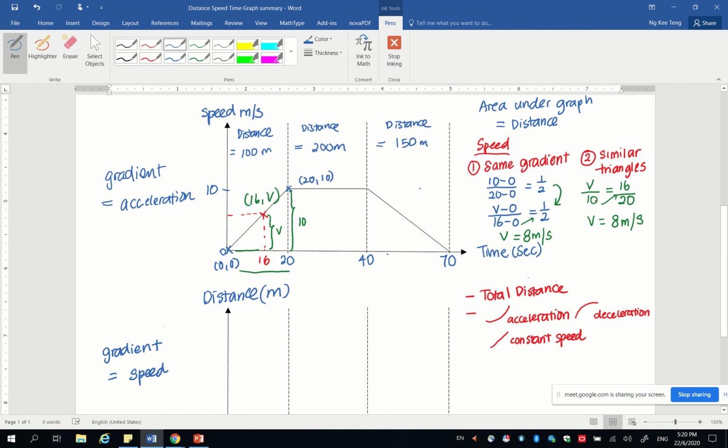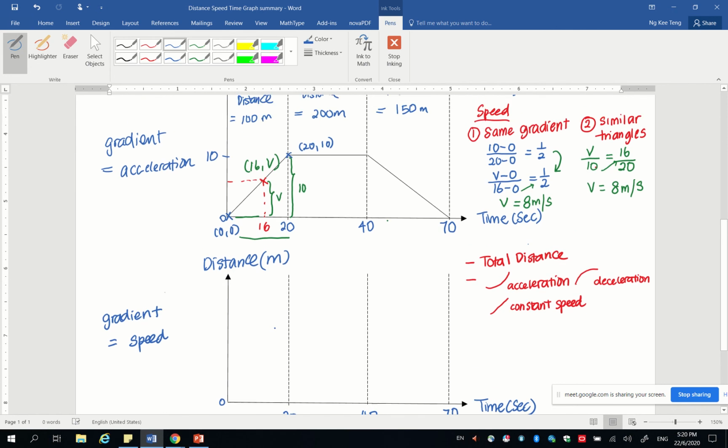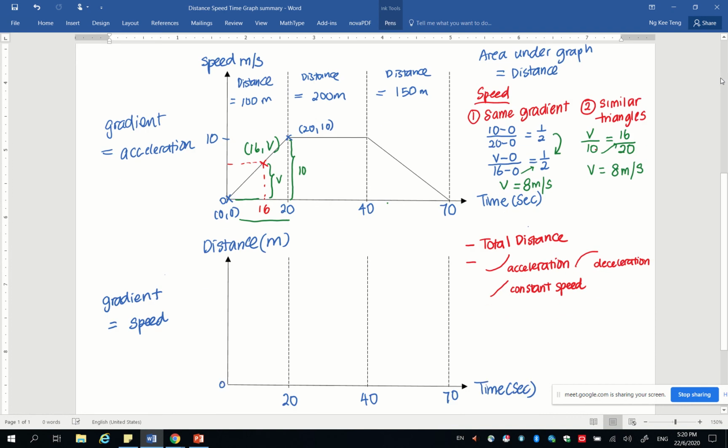Now, usually the common mistake students make is they plot directly 100, 200, and 150 on their axis over here, which is actually not correct. Why is that so? Because this is talking about the total distance being accumulated. So when it's at 0, it will be at 0. When it's at 20, I traveled 100 meters.